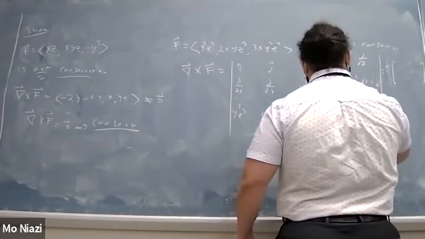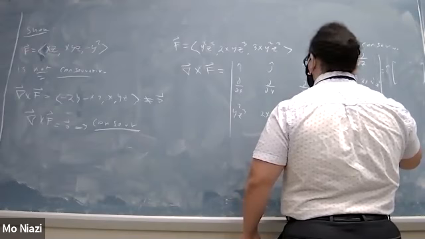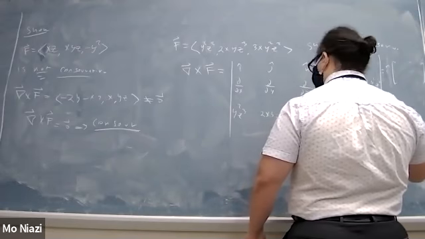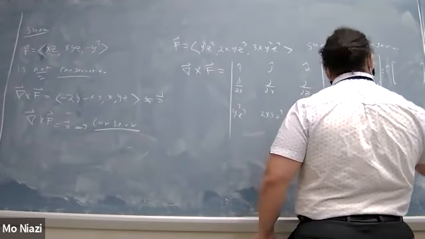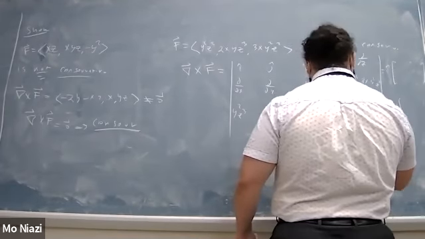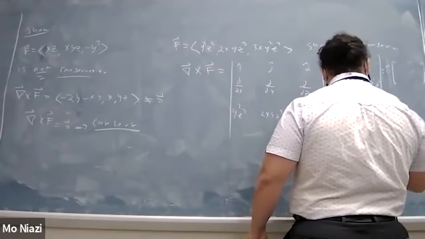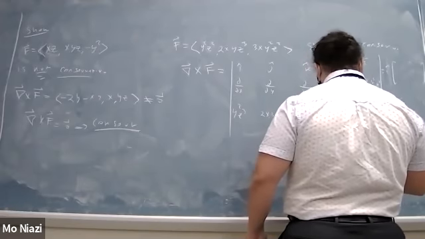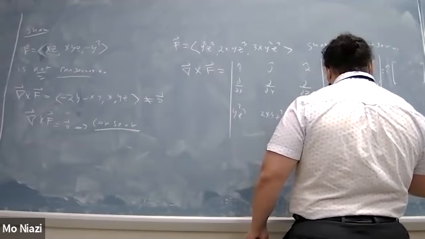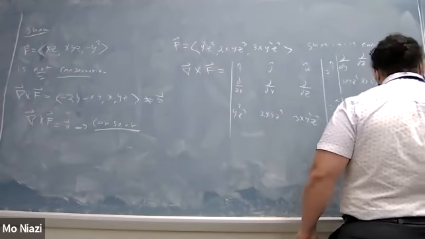Becomes minus j hat times the determinant partial x, partial z, y squared z cubed, 2xyz cubed. This becomes negative j hat times something. And this becomes k hat times the determinant partial x, partial y, y squared z cubed, 2xyz cubed. And this becomes k hat times something.